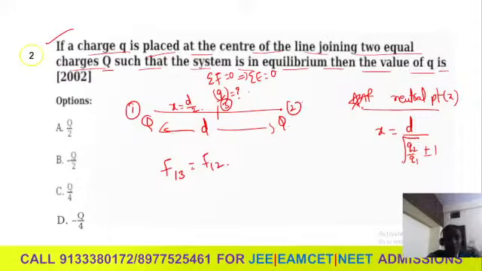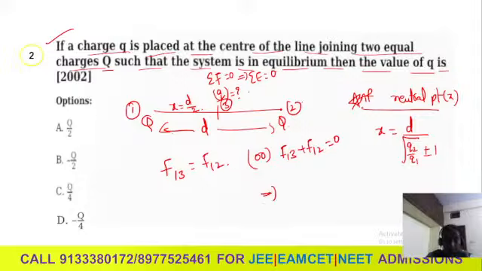Then automatically you can find the third charge. Or you can apply F13 plus F12 equal to 0. Now try, it is option D. Yeah? Good boy. So I'm applying Coulomb's law between 1 and 3 and 1 and 2.